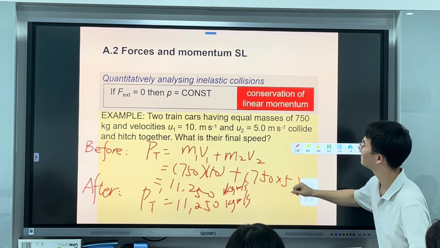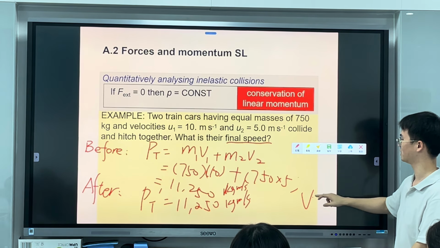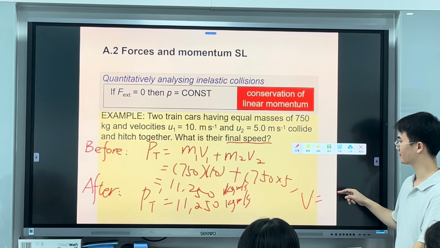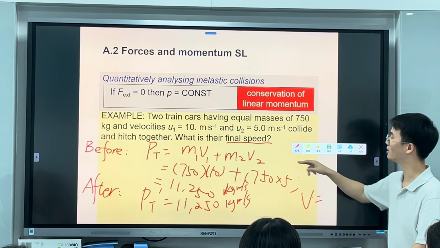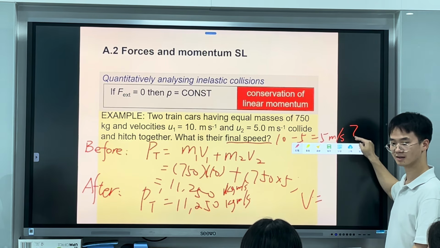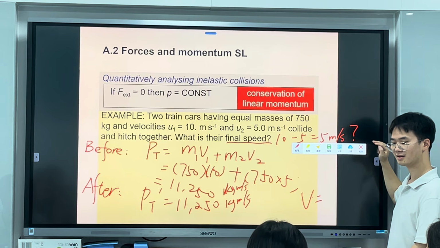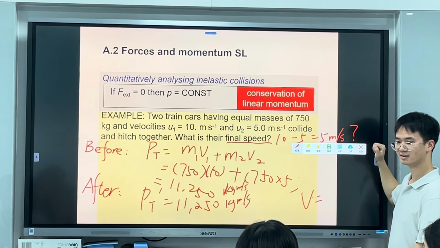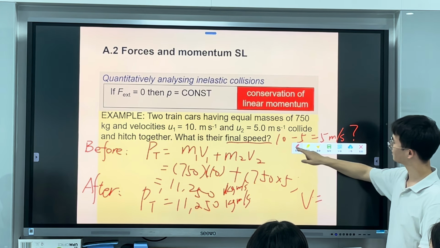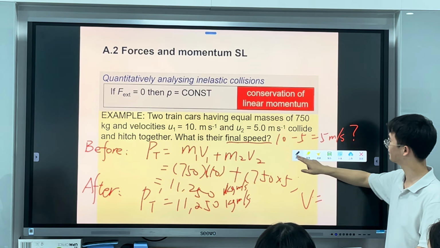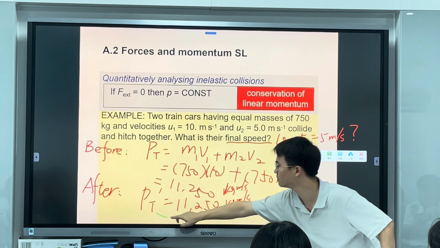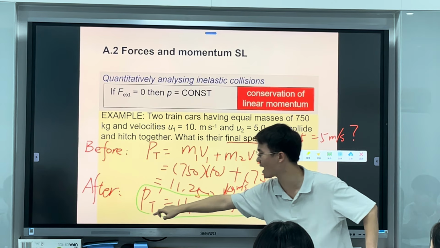How do you find the final speed V? Which part are you not so sure about? The after part. You already figured this out, momentum after, right? Total momentum after.